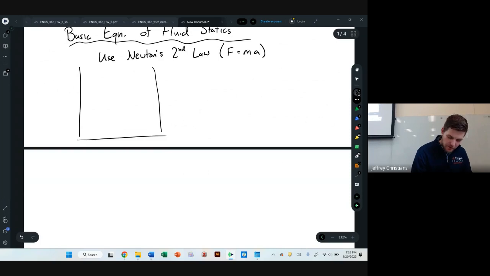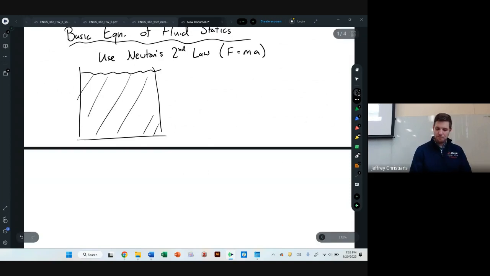a tank of fluid. Right, so this is our fluid. We are going to pick out a really small chunk from the middle. And we're going to do a force balance, F equals ma, on that little chunk that's somewhere in the middle.